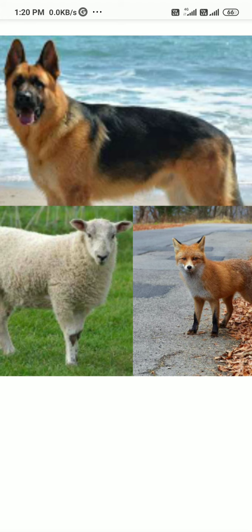Then observe the position of ears and the position of eyes. There is similarity in these characters, and from these similarities we can say that their ancestor must be the same. They have the same ancestor, their origin is the same.